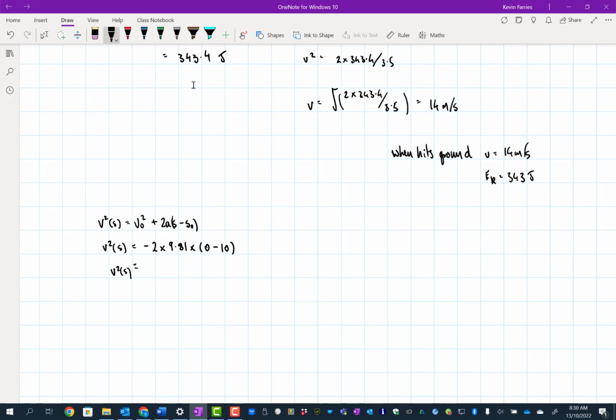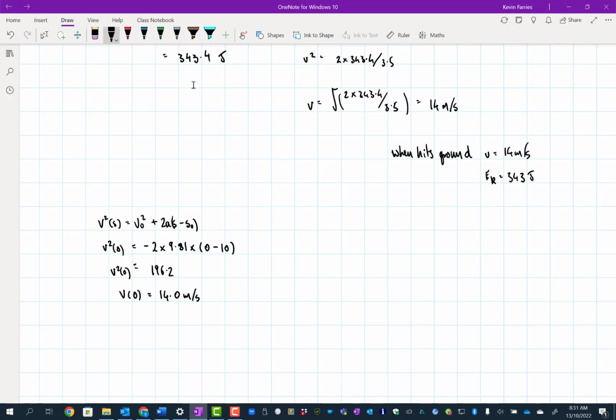So v squared of s is equal to 2 times 9.81 times 10, which is 196.2. Therefore the velocity, well, we should really put in 0, the velocity at 0 meters. We're talking about the velocity when it hits the ground, which is the square root of that. It's roughly 14.